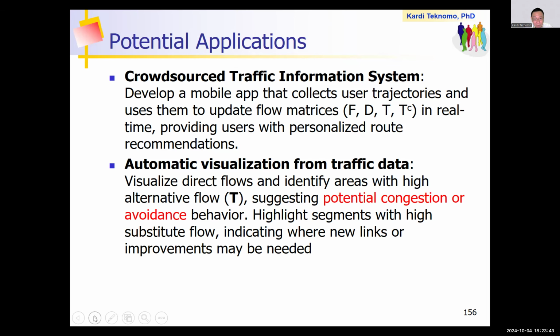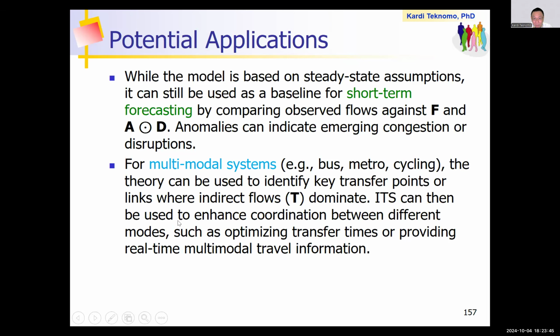Some of you are doing bus, right? In that case, you can also create a multi-modal system based on bus, metro, cycling, and MRT, and identify the key transfer points or the links where the indirect flow, the T matrix, is dominant.